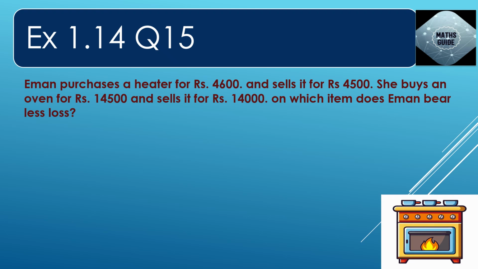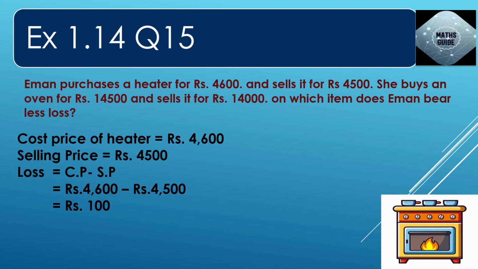Iman had a loss in both situations, while buying the heater or while buying an oven. But we have to find out the name of that item on which she bears less loss. So we have to find out the losses in both cases. In the first case, the cost price of the heater is 4,600, selling price is 4,500.